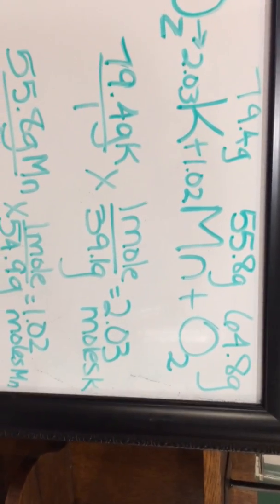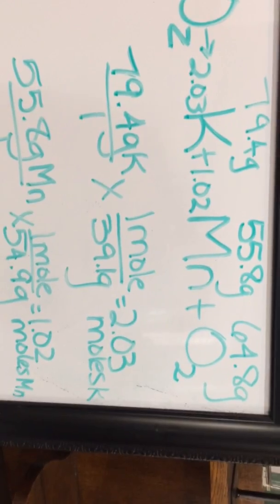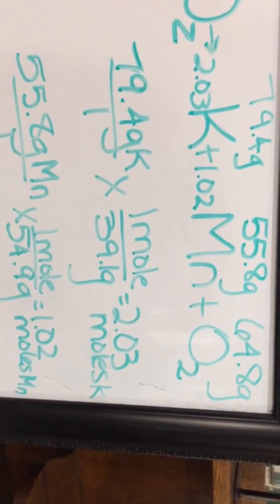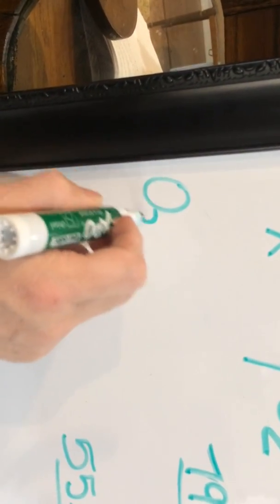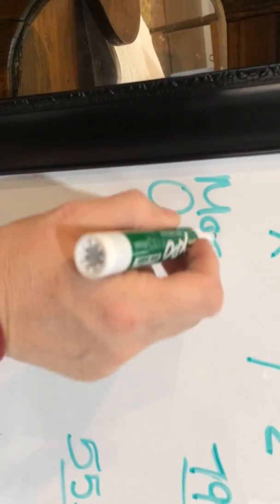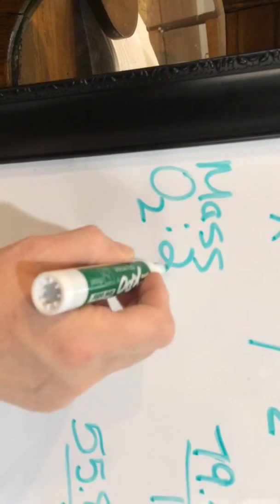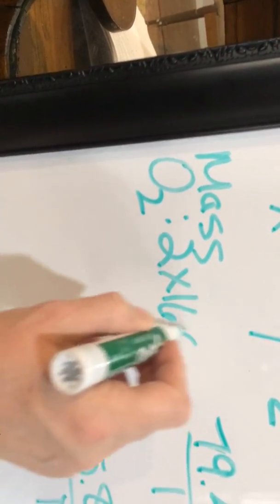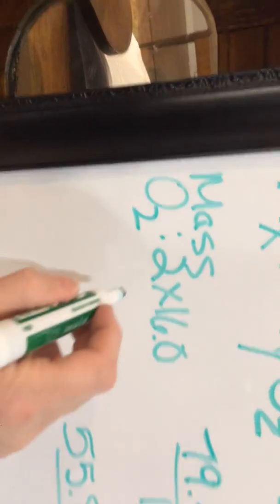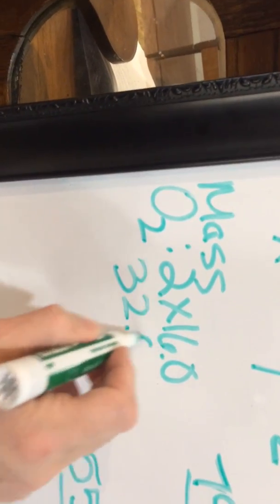So is there ever going to be the weight of just 1 oxygen? No. So when I come up with the atomic weight, what is the mass of O2? Well, I would have to write 2 times 16, so it is going to be 32. Don't let this throw you.